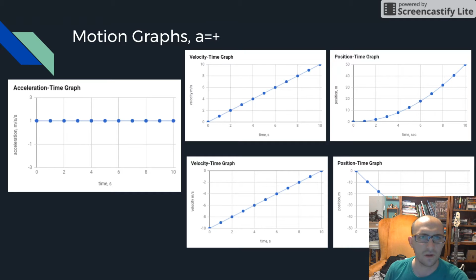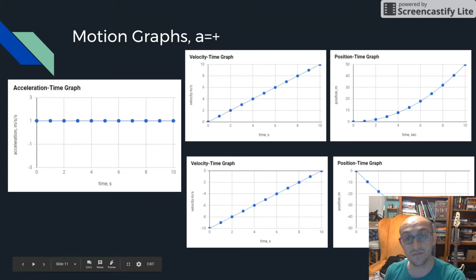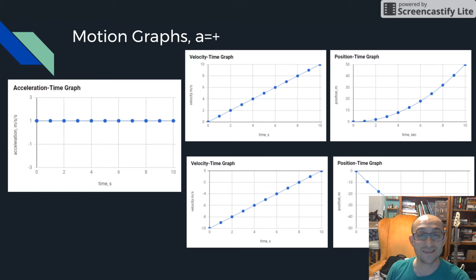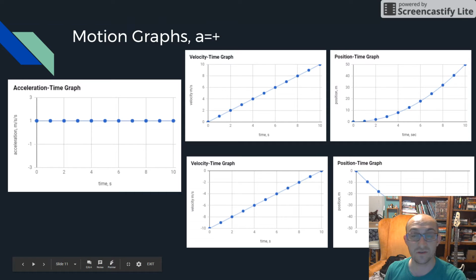Because the velocity is increasing. I'm speeding up. Small slope, small velocity. Big slope, big velocity. And then down here, I got big negative velocity, big negative slope on my position time graph. And here, very tiny negative velocity, very tiny negative slope.